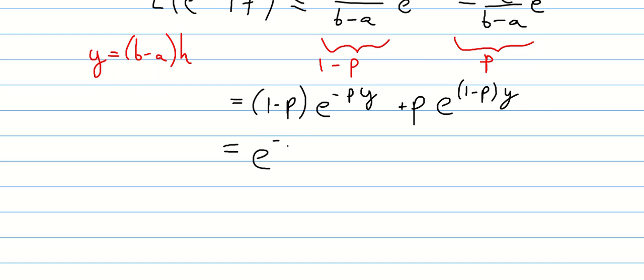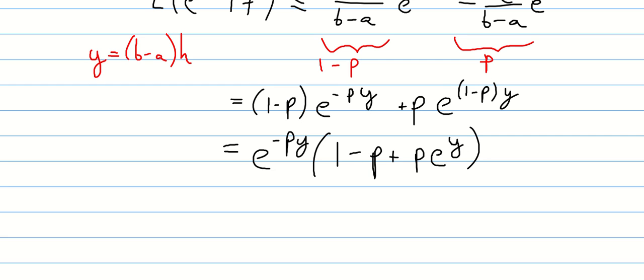And we can rewrite this again as e to the minus P y. We're putting e to the minus P y outside, and then we have 1 minus P plus P e to the y. The P y goes outside, and there is a y left, so that's correct.